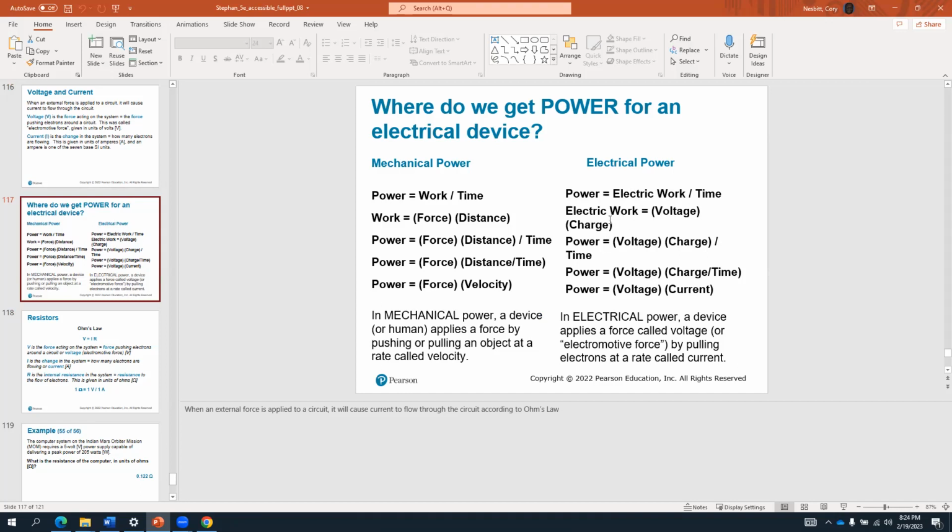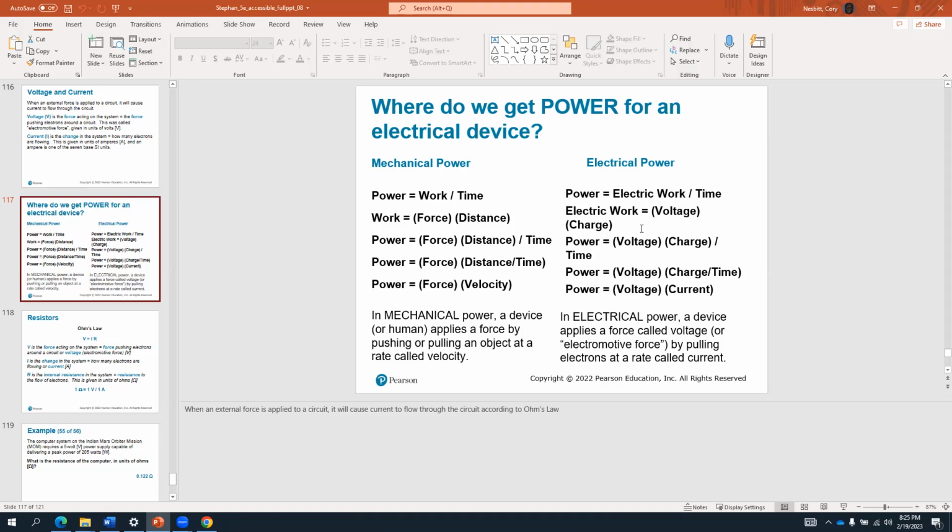Electrical work is equal to VQ, and then power is equal to VQ over T. All right. And power, voltage, charge, time: power is voltage times current, right? Which is VI. Oh, no, so I said it wrong. Power is equal to VI.